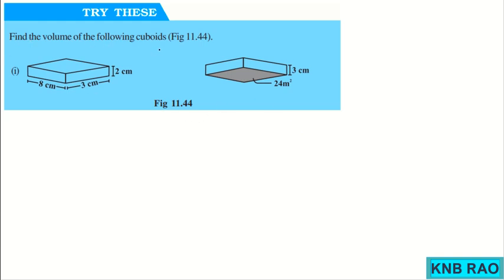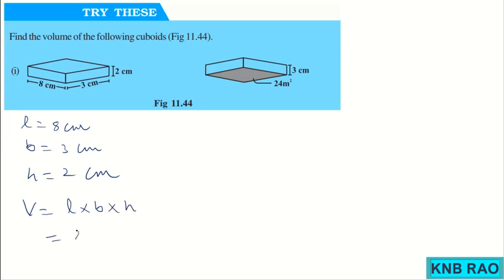Find the volume of the following cuboids, where the length L is 8 centimeter, breadth 3 centimeter, height 2 centimeter. Volume of any cuboid is found using the formula length into breadth into height, that is 8 into 3 into 2.